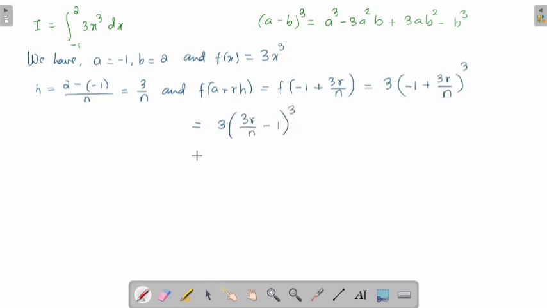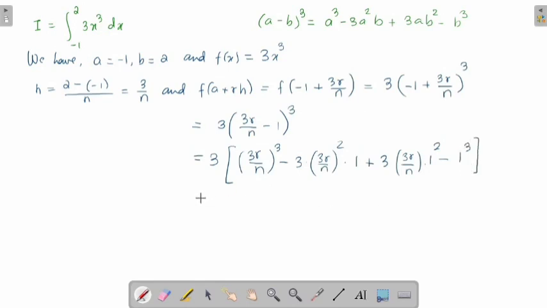This becomes 3 into [a cube, that is (3r by n) whole cube, minus 3a square, that is 3 into (3r by n) square into b, plus 3a into b square. b is 1, so it becomes 1 square, minus b cube, that is 1 cube]. So this is the formula.